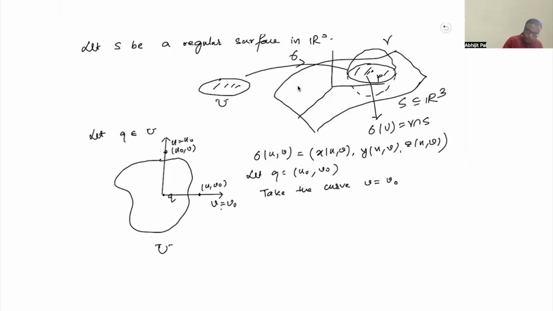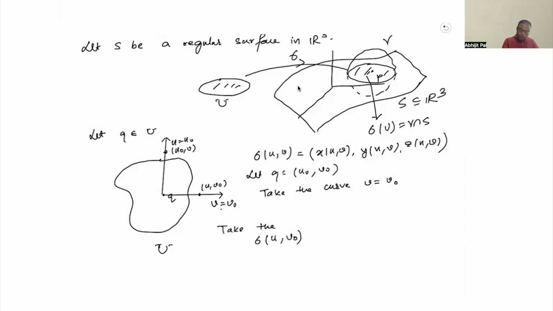So now let us take this curve. Take the curve sigma(u, b naught).